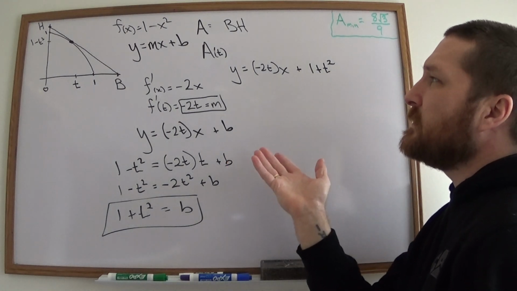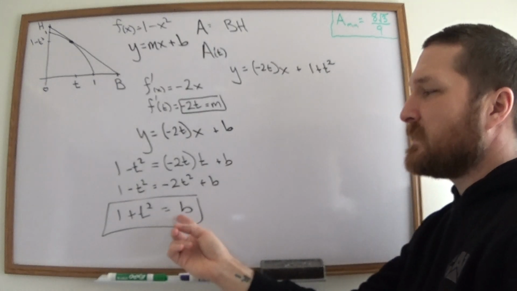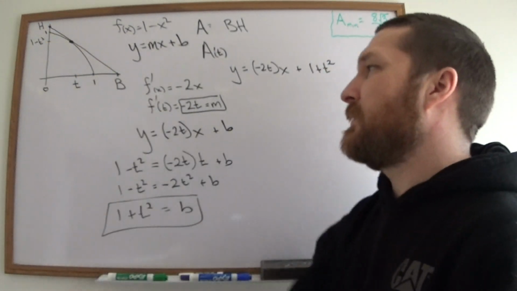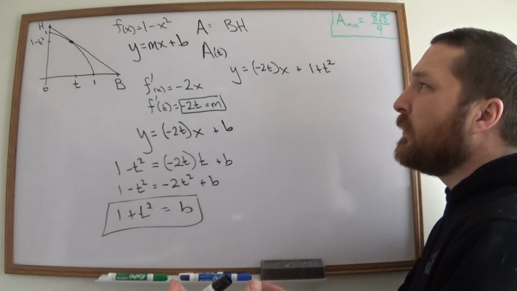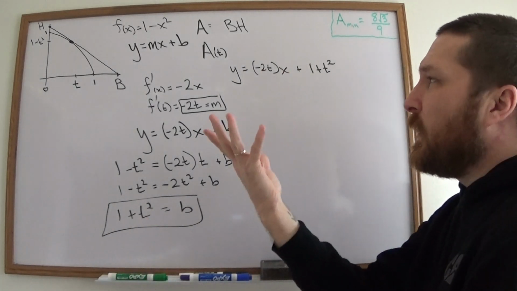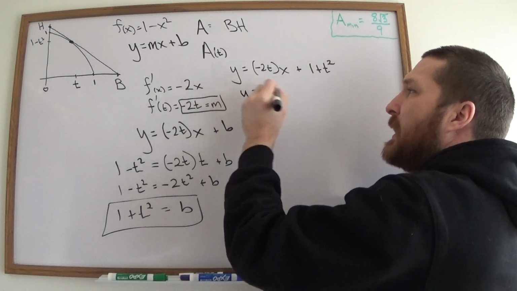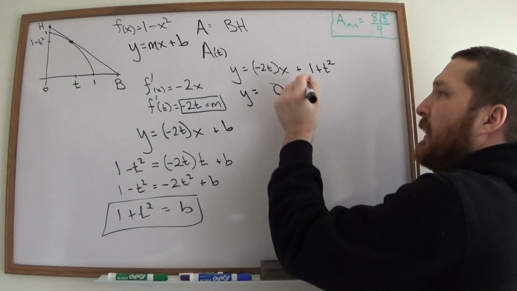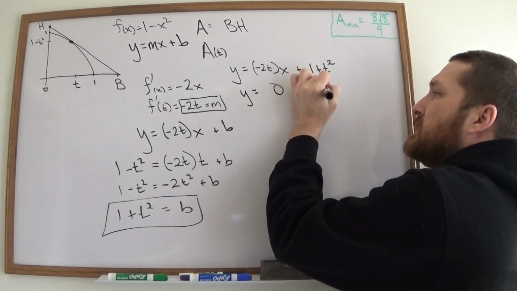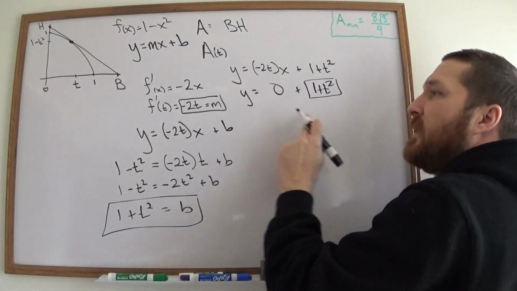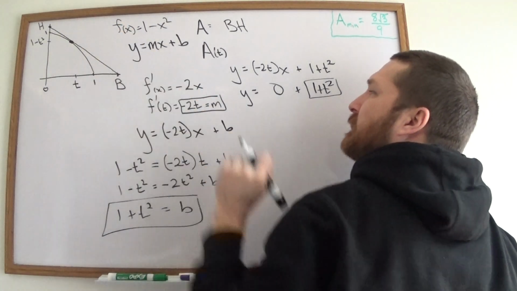We know that this is the y-intercept, and so that's h right there. But in general, if this thing isn't a line, the way that you find a y-intercept is you plug in a 0 for x. So I plug in my 0 for x, and I get 1 plus t squared is the height that I'm looking for, right?